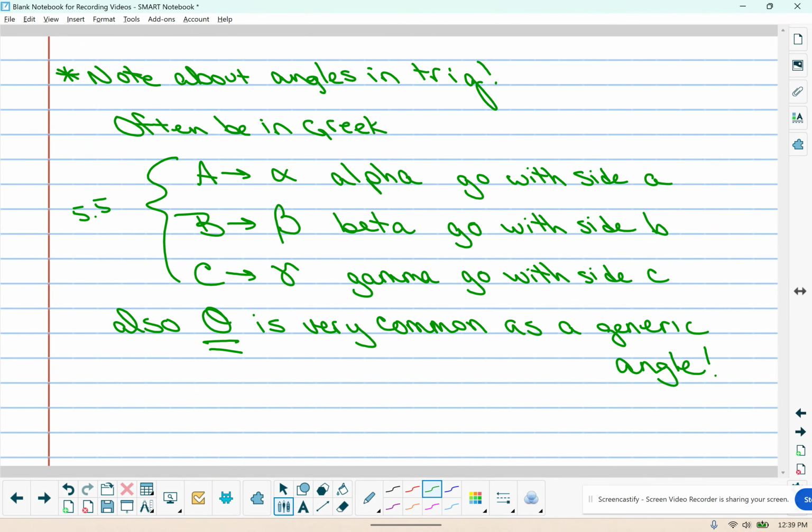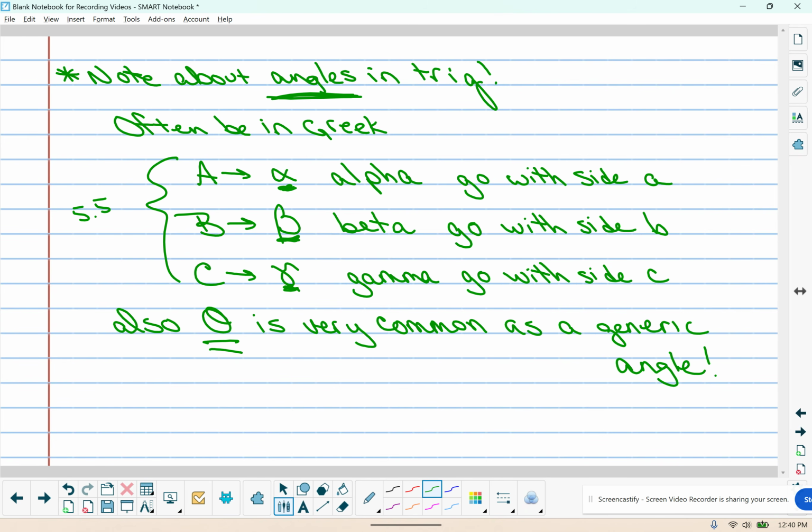I think even in the next section. Okay, so I just want you to have a clue what you're looking at. All right, so A goes with alpha, this guy. That's an angle. Remember, that's an angle. These are all angles. Okay, beta, this guy's beta, angle, this guy's gamma, angle. So these are angles.